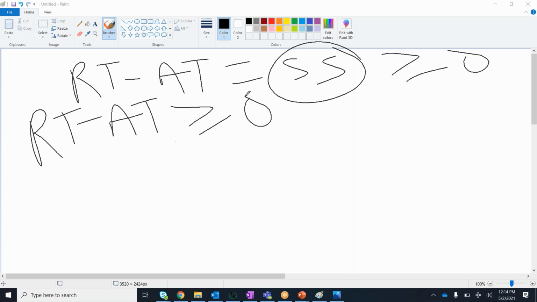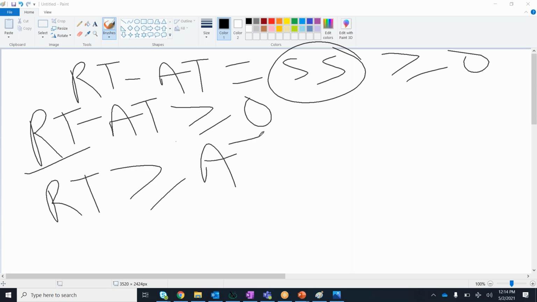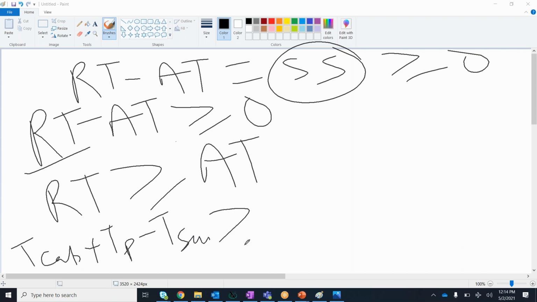Now to solve this inequality, what are the components we have in the required time? So required time should be greater than or equal to arrival time. Yes, sir. Now in here we have T capture plus TP minus T setup should be greater than or equal to arrival time.